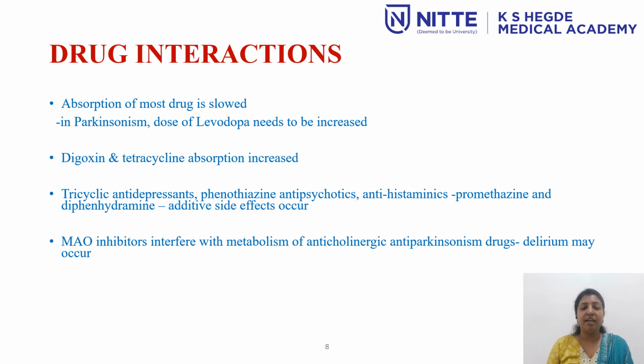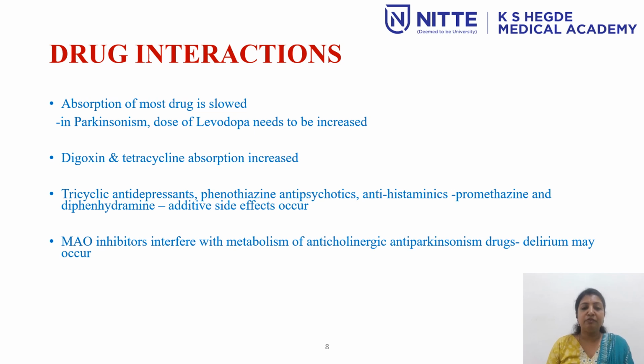Now coming to the drug interactions: absorption of most drugs is slowed. In Parkinsonism, the dose of levodopa needs to be increased. Why is the absorption of most drugs slowed? Because gastric emptying is delayed. Whereas digoxin and tetracycline absorption is increased.